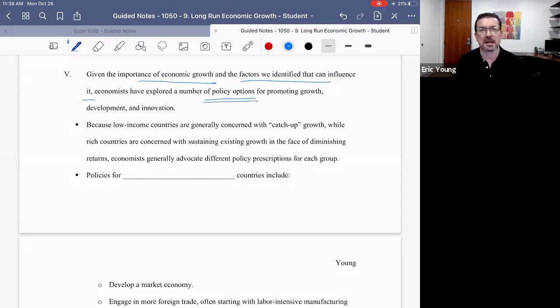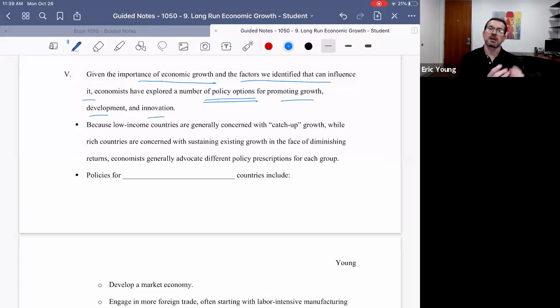What are the policy options that we can have to promote growth and promote development and promote innovation? In other words, what role can a government play in fostering the conditions that can bring economic growth and sustain prosperity to its country?